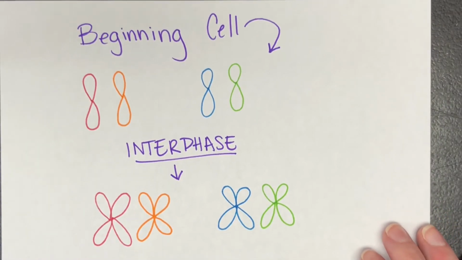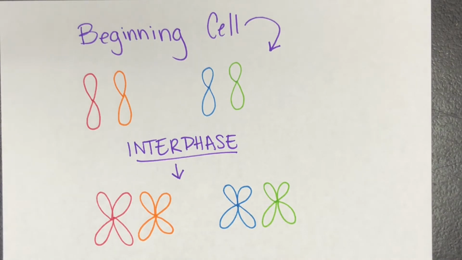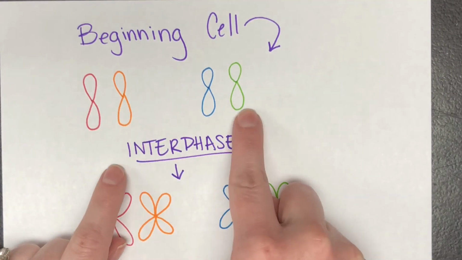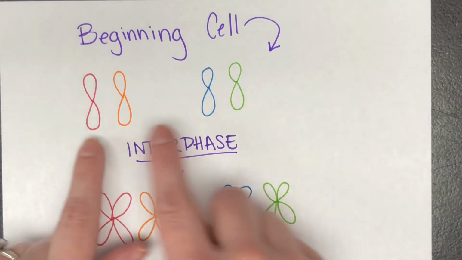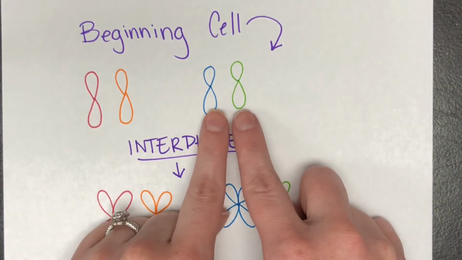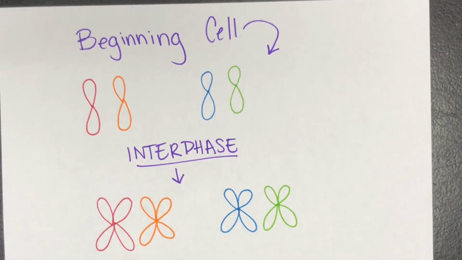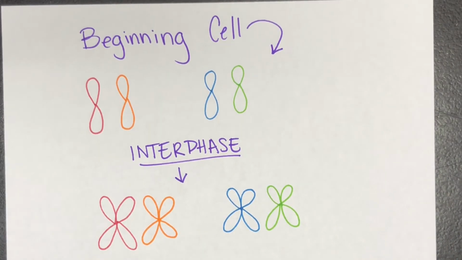For simplicity's sake, I'm using a cell with only 4 chromosomes. So 1 from mom, 1 from dad, 1 from mom, 1 from dad. And these would be homologous chromosomes, and these would be homologous chromosomes. During interphase, that DNA is copied.